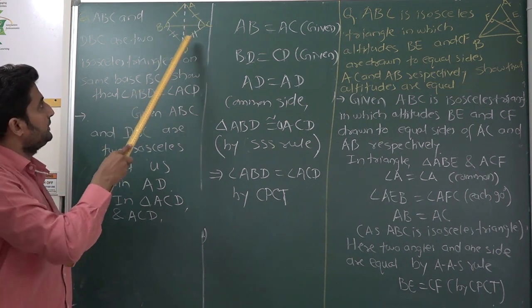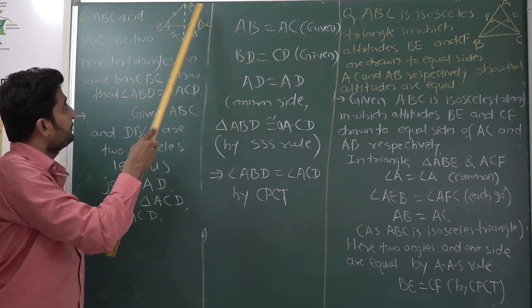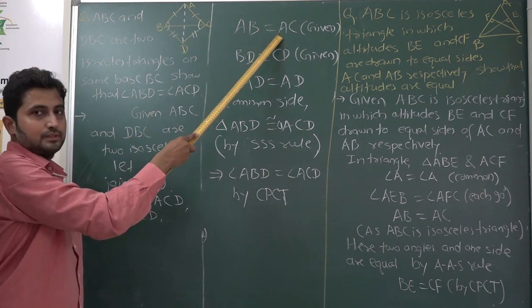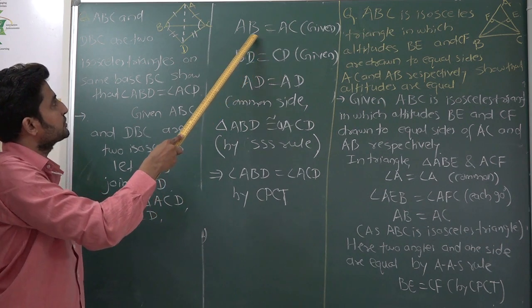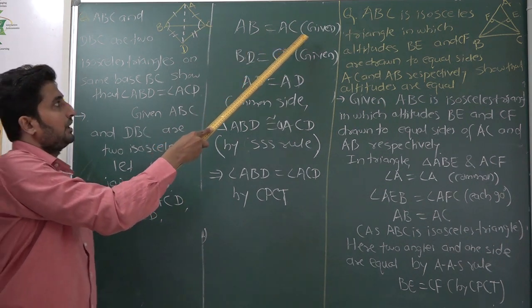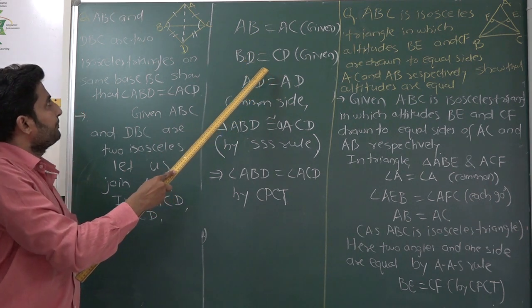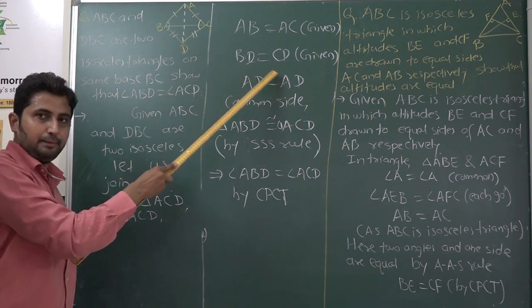Now, in these two triangles, AB equal AC, as it is an isosceles triangle, so the sides must be equal. AB equal AC is given, BD equal CD, this side, which is also given.